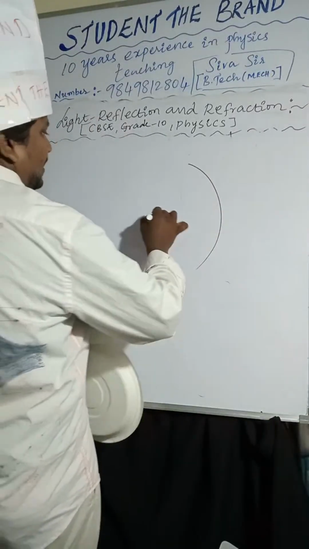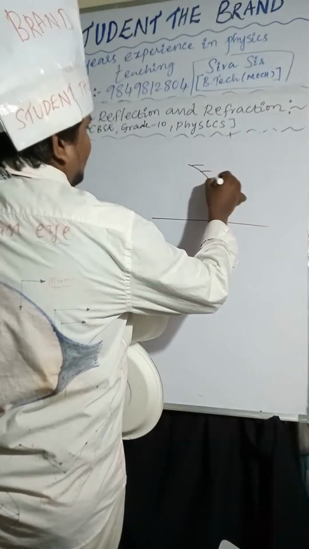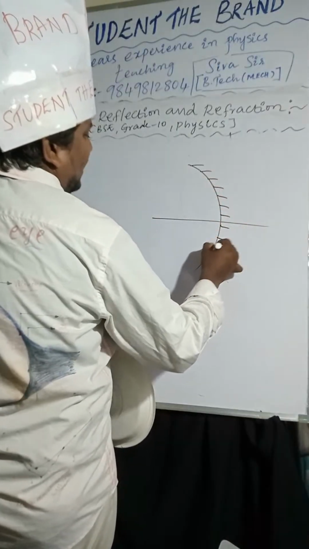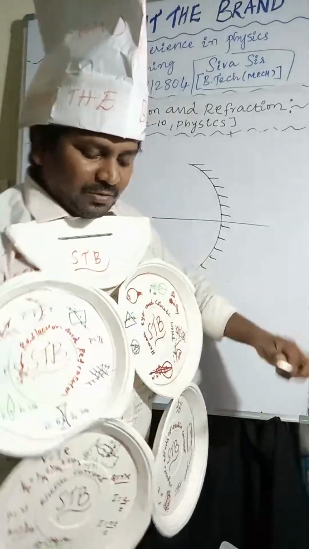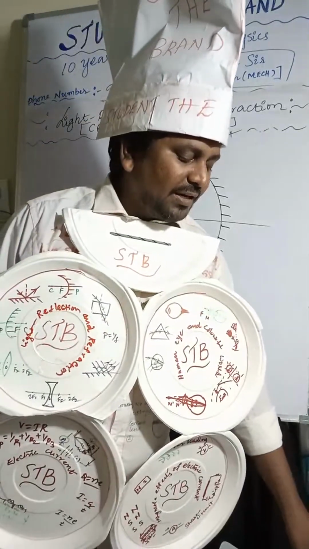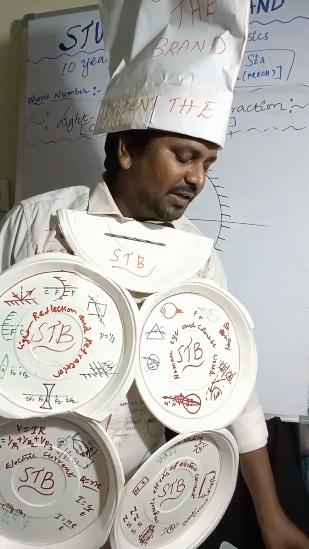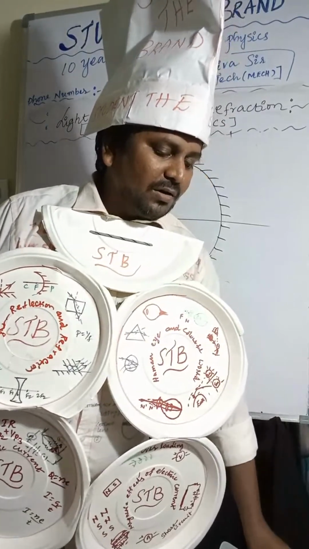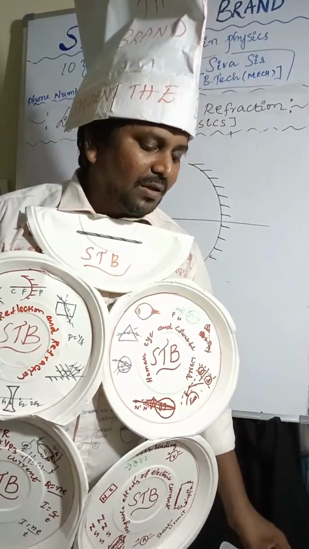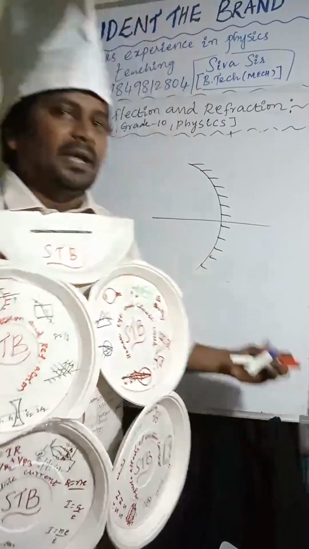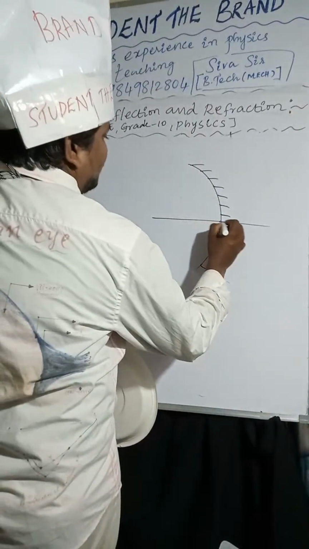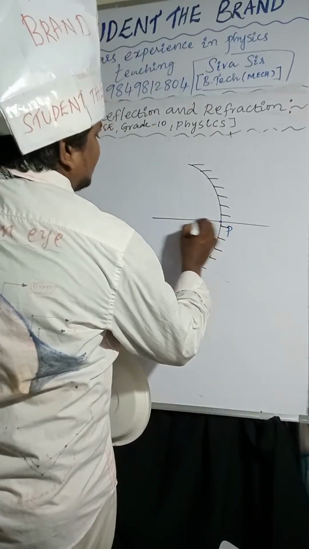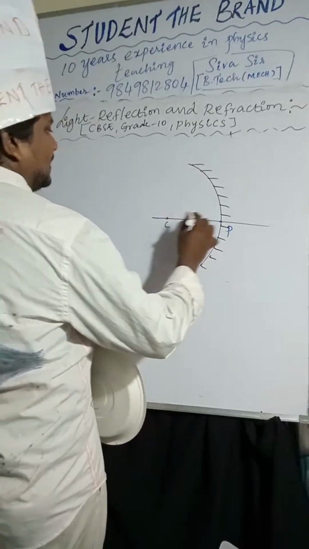I am taking the concave mirror here, focal length is 15 centimeter. This is the pole, focus and center of curvature.